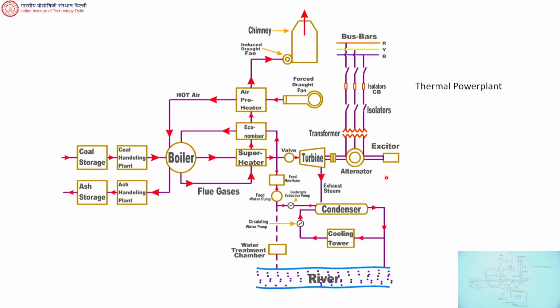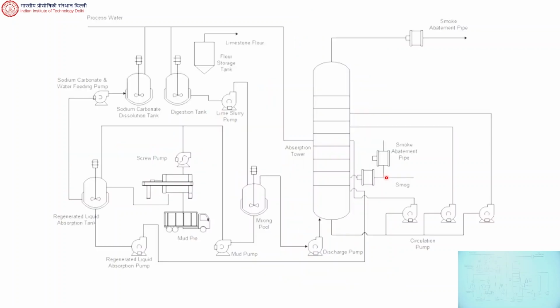So this is one example that I had shown you, and this is another example of some chemical plant. I am showing you this just to show that apart from thermal power plants, there may be other kinds of systems that you might have to work on. When you look at this, one thing that strikes you is that it has lots of pumps.